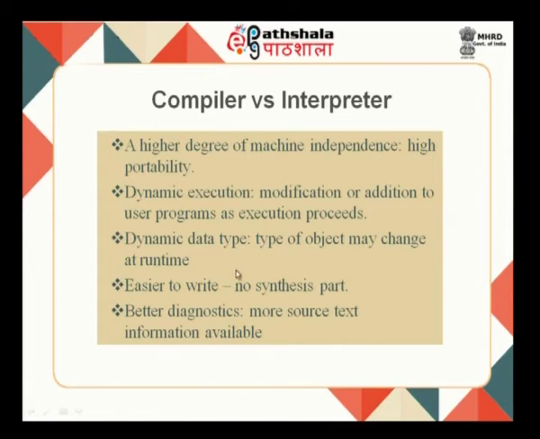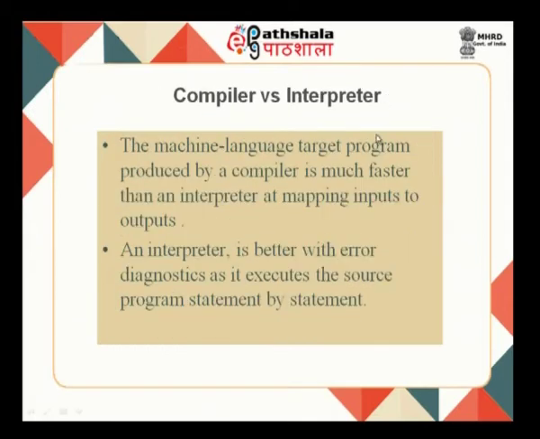There is no synthesis part which is required, and more source text information is available. The machine language target program produced by a compiler is much faster than an interpreter at mapping inputs to outputs. This is one of the fundamental advantages of having a compiler. An interpreter, on the other hand, is better with error diagnostics as it executes the source program statement by statement.